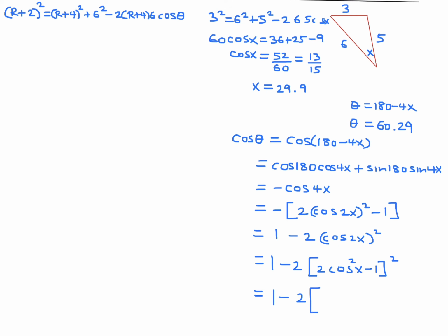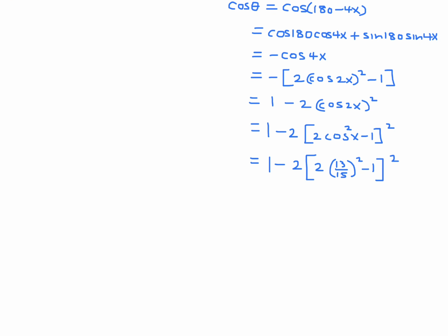So that's going to be 2 times (13 over 15) squared minus 1. Okay, so we're getting somewhere now. Just don't make any algebraic mistakes here.